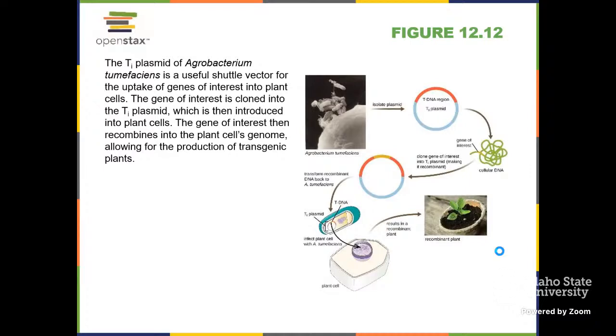So the idea with this bacterium, before we've done any sort of manipulating, right? Out in the environment, this bacteria would infect a plant. It gets into that plant, penetrating through the cell walls and causes infection. It causes what we call crown gall.